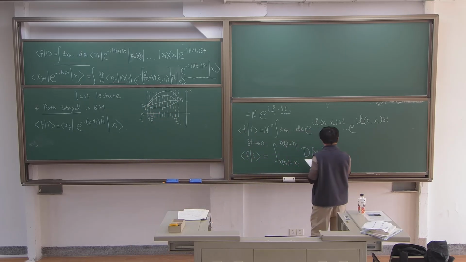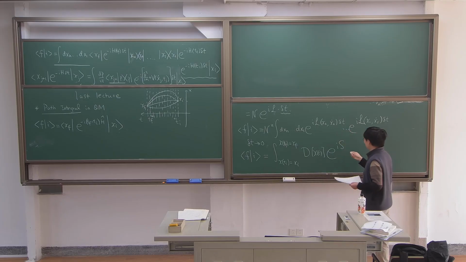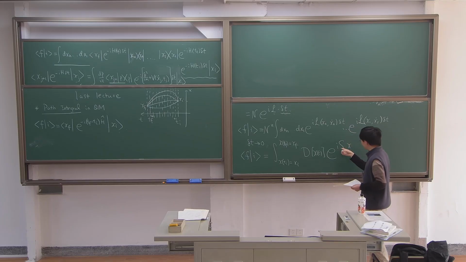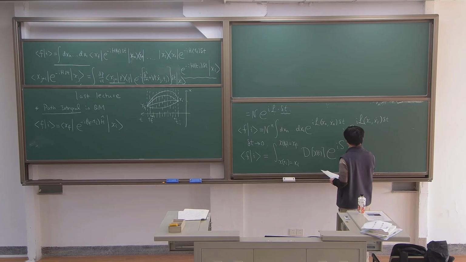So for this reason, we call this a path integral. It's a very intuitive name. Now the weight factor here is the exponential of i times the action, and the action is also a function of x(t).